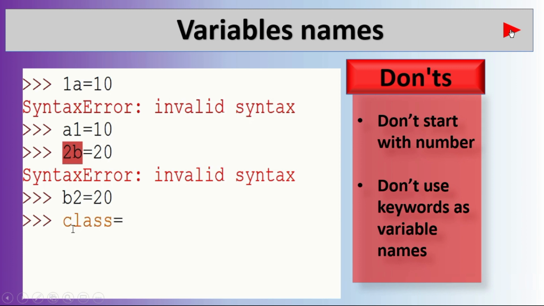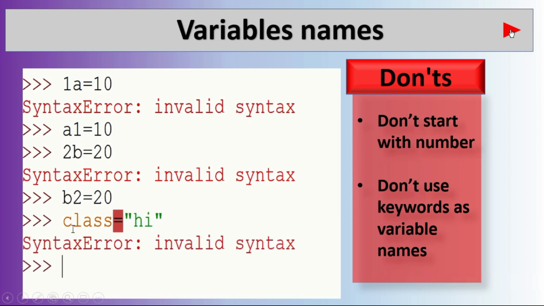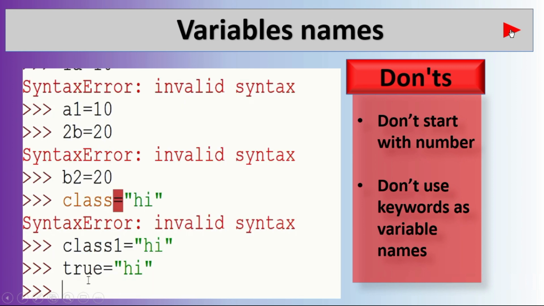Consider a keyword example. class is a keyword which is already discussed. class equal to hi is a syntax error because class is a keyword in Python. class1 equal to hi is okay. So class is a keyword, not used as a variable. true equal to hi.